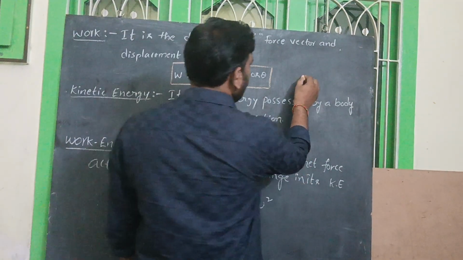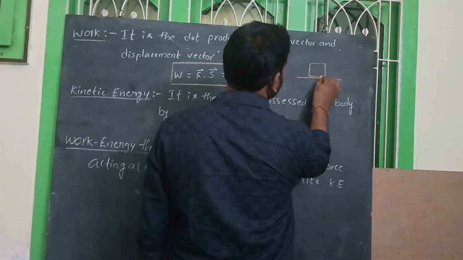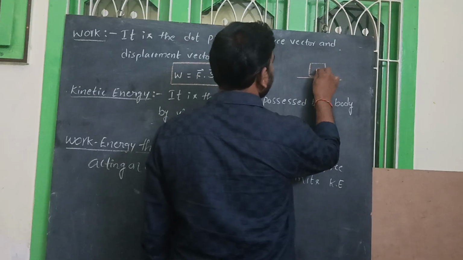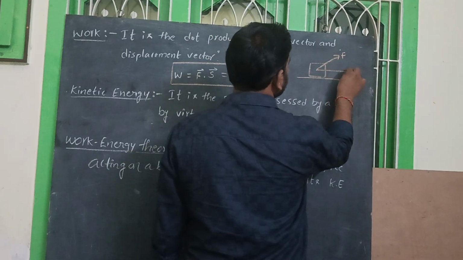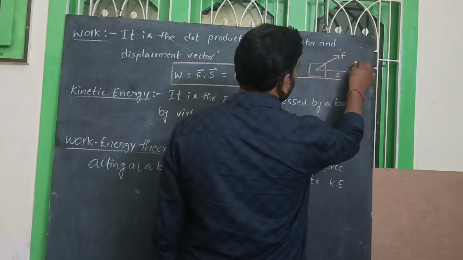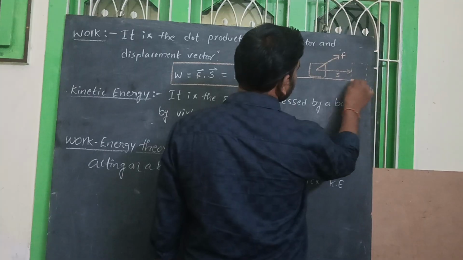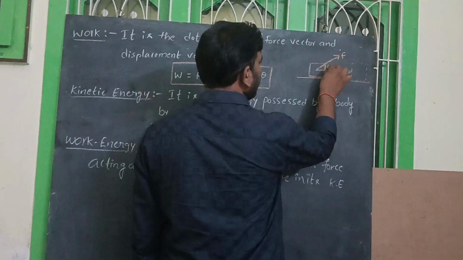Suppose here we place a body on the surface, we apply a force on this body and the displacement is like this. This is the change in place, and this is the displacement. Here we consider the angle theta.